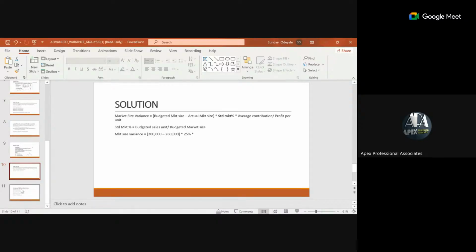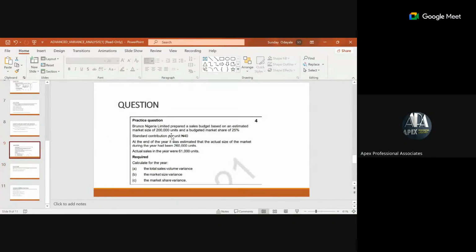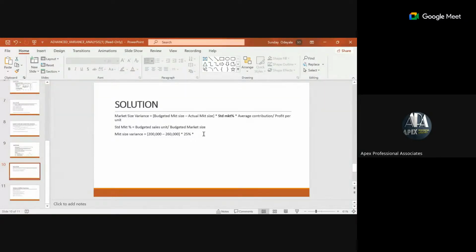That is why we are using the standard contribution per unit. Remember, if we are going to calculate the average standard contribution, we get the standard contribution for products A, B, C, D, and then divide everything. But since it is only product A or whatever this product is that we have, its standard contribution automatically becomes the average.